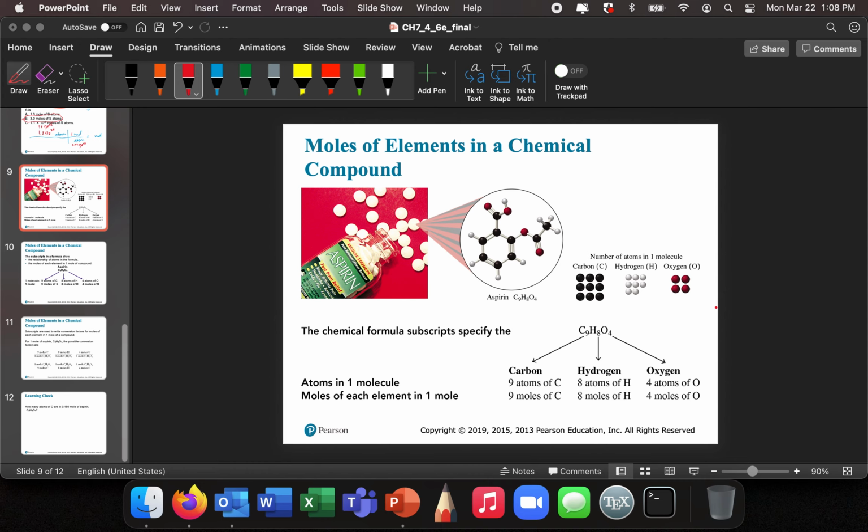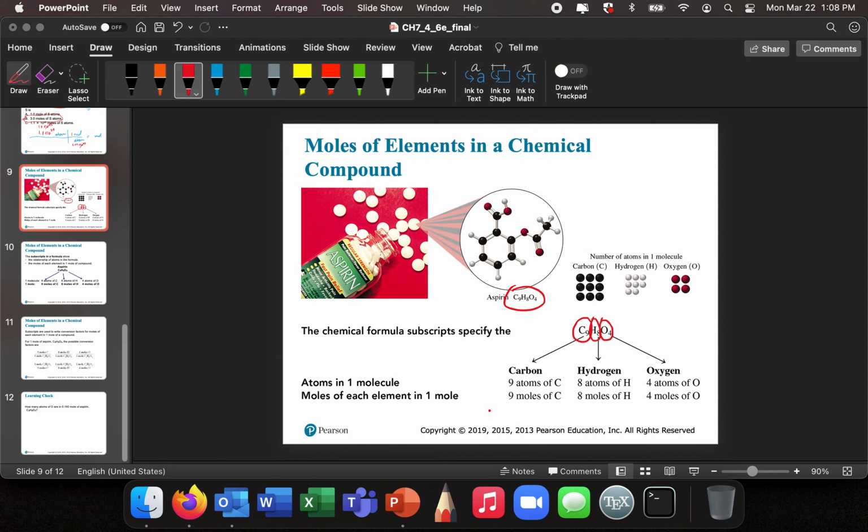So now let's extend our understanding of the conversion between moles and particles to elements in a compound. This is just one more small step forward. Let's take an example, aspirin. Aspirin has 9 atoms of carbon for every molecule, 8 atoms of hydrogen for every molecule, and 4 atoms of oxygen for every molecule.